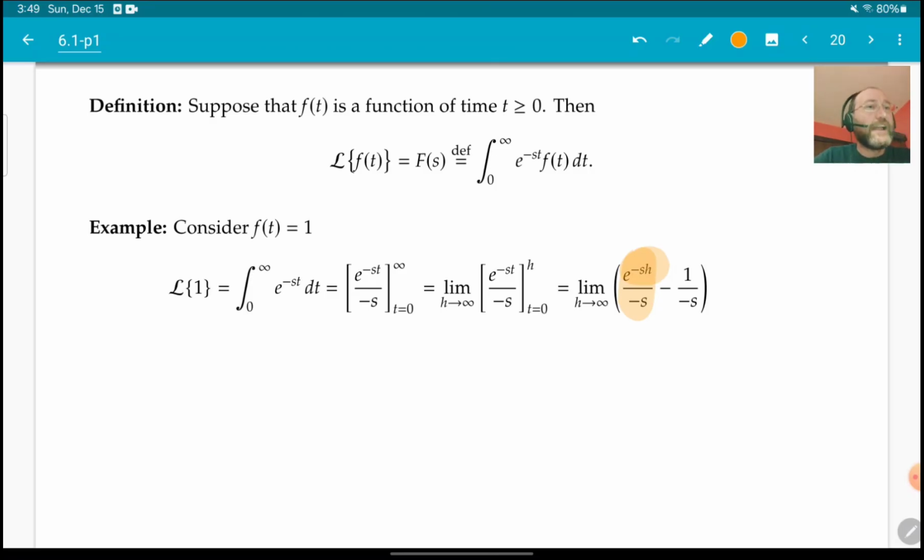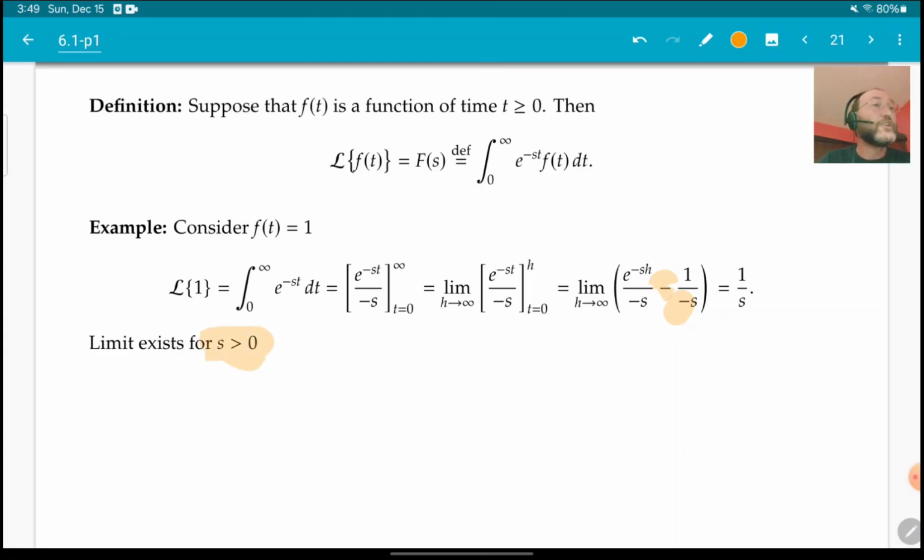Now, if s is positive, then as h goes to infinity, minus sh goes to minus infinity. So e to the minus sh will go to 0. And so we get 1 over s. Notice that the minus and minus cancel out, so we get 1 over s.